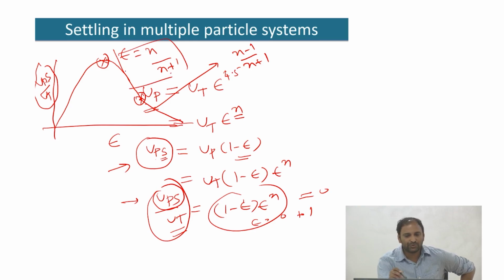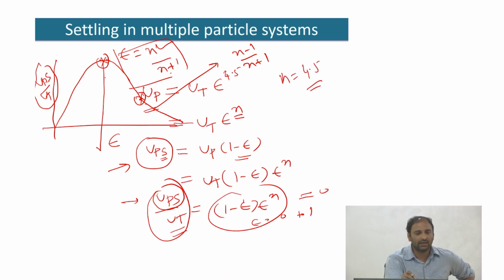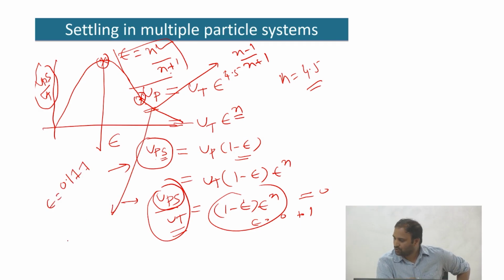If I substitute n equal to 4.5, this maxima corresponds to 0.177, and this inflection point corresponds to epsilon of 0.35.